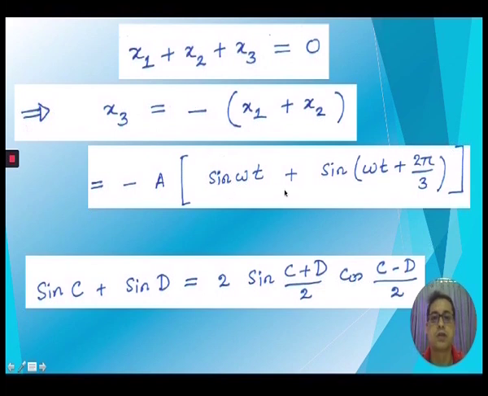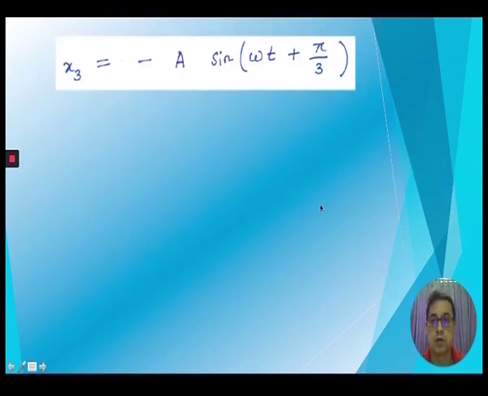Now it becomes a simple trigonometric addition problem, because x1 is equal to a sin omega t and x2 is equal to a sin (omega t plus 2 pi by 3). Now if we apply the sin C plus sin D formula, I'm sure all of you know it, you just apply it there, and the resultant turns out to be this one. Now this minus sign is coming outside, which you can take inside.